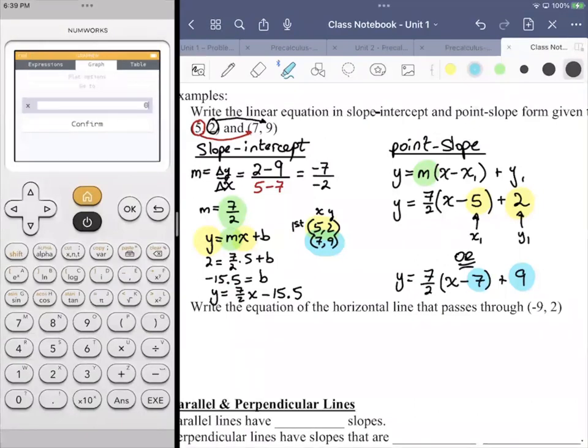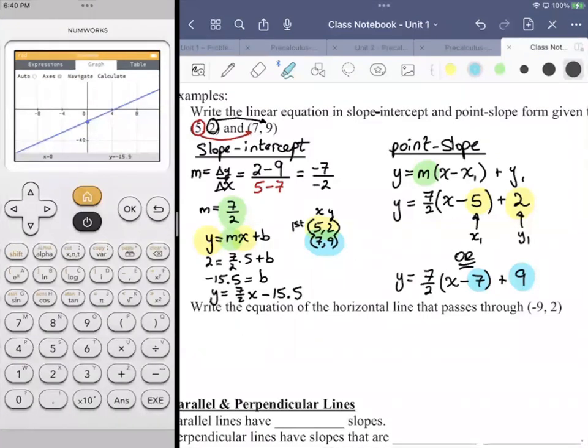So if I type in a 0 here, it's going to bring me to that spot, and at the bottom, it gives me the corresponding y value. I just confirmed that the y-intercept for this graph is negative 15.5, which is what I suspected, because that's how I built the equation.